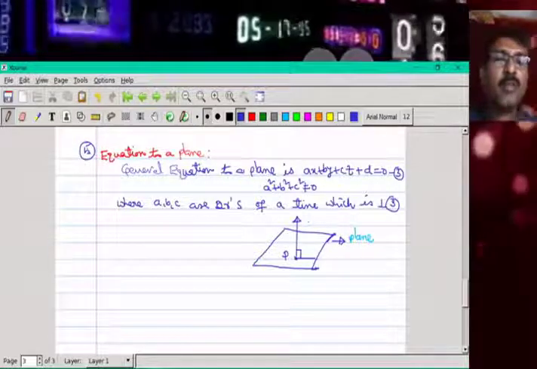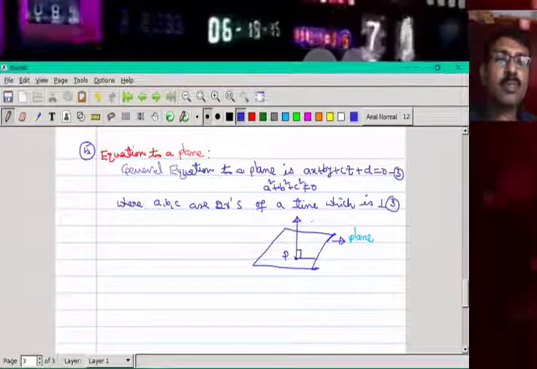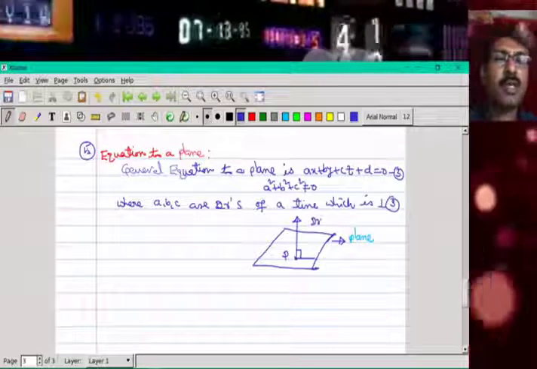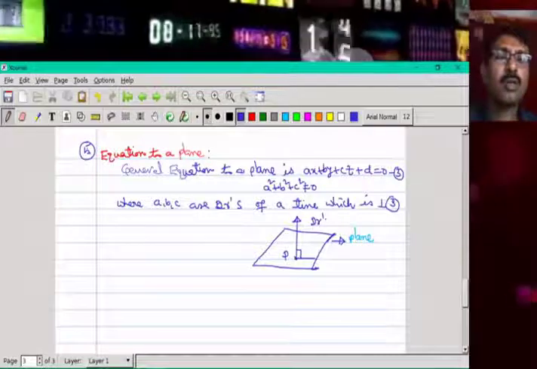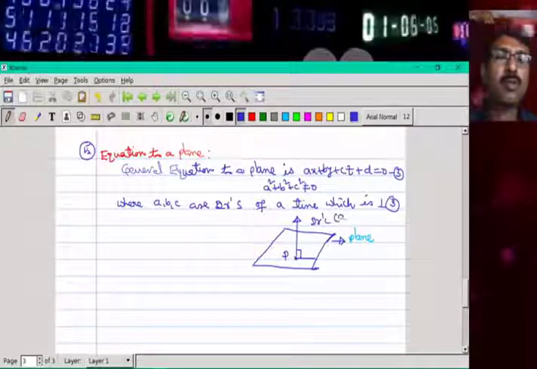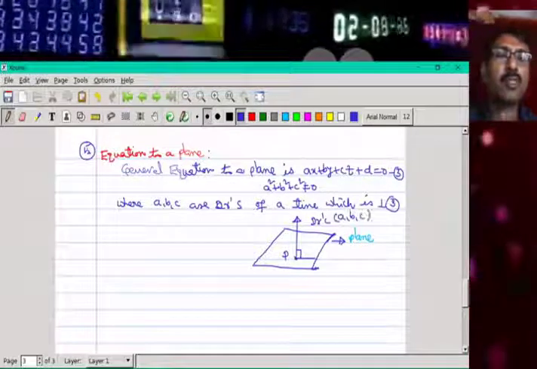So the line has DRs, we can write DCs also. DRs a, b, c.